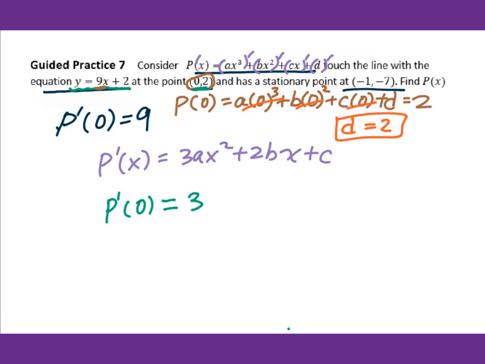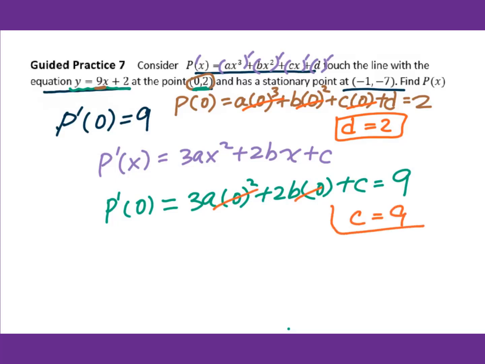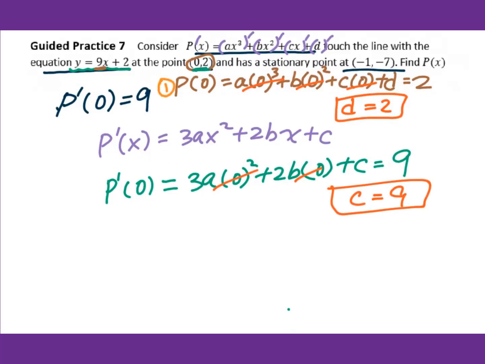You will get 3a times 0 squared plus 2b times 0 plus c, which has to equal 9. The first two terms are 0, so we get c equals 9. This is the first step to get d, and this is the second step to get c.